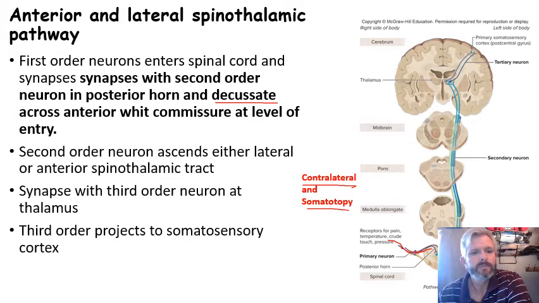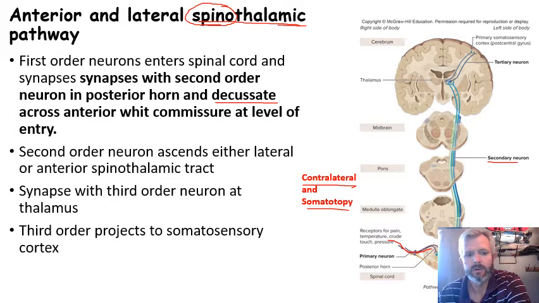Okay, so spinothalamic, to map this out, you can see where we synapse between the first and the second order neuron. All right, you can see it happens in the spine. First order, second order, in the spine.